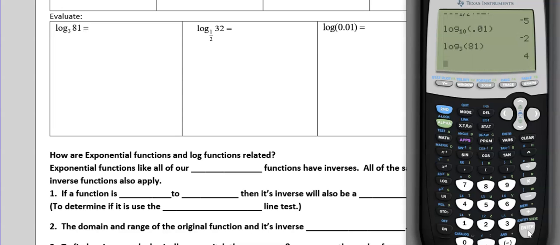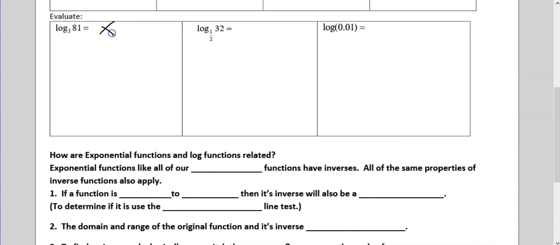Now, obviously, if this is unknown, we could swish and flick and rewrite this. 3 to the 4th equals, sorry, my bad, jumped ahead of the answer. And I could say 3 to the x is 81, and use my table or just my math knowledge and say 3 times 3 times 3 times 3 is 81. But if I use my calculator, I can go right there. So when it says evaluate, save yourself time, just go to the calculator.